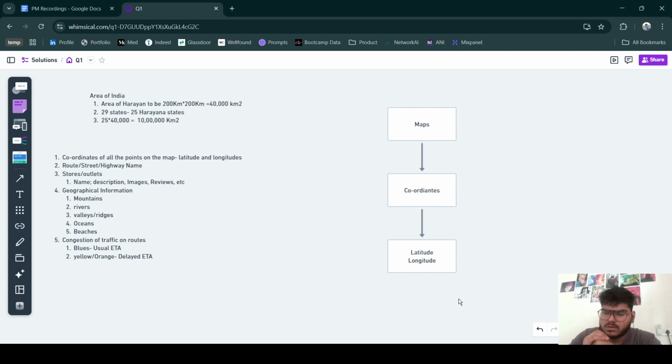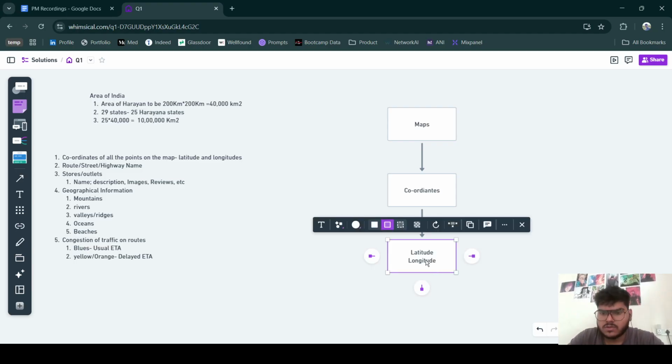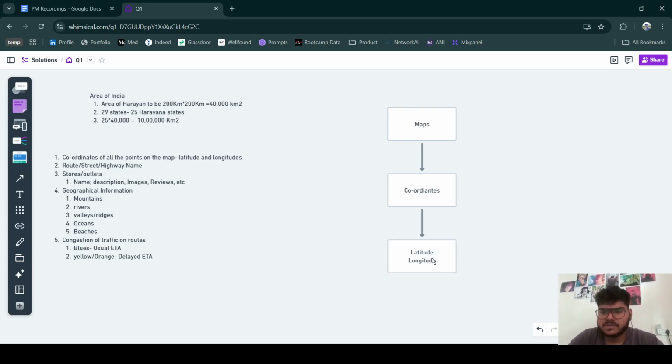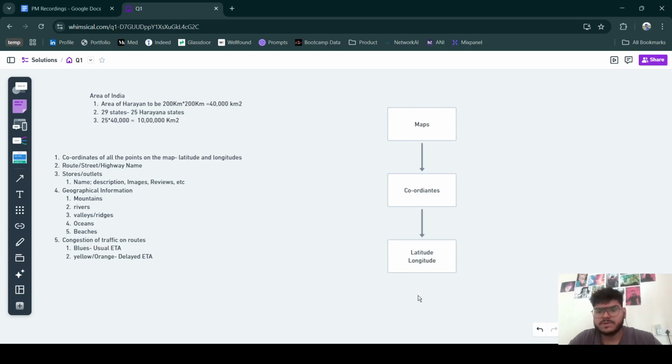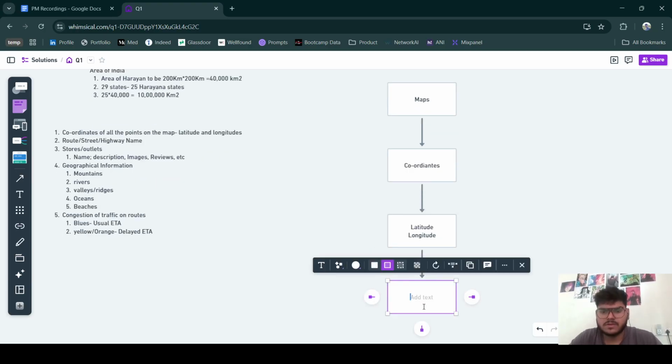I'm assuming it will occupy 8 bits of space, so each point will occupy 8 bits of latitude and 8 bits of longitude. So it will come around 16 bits of data per coordinate.